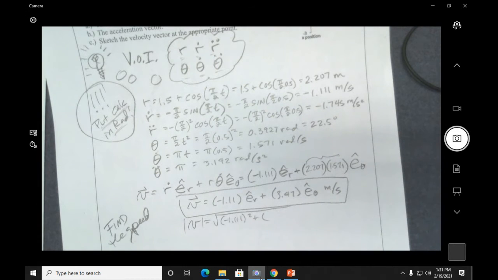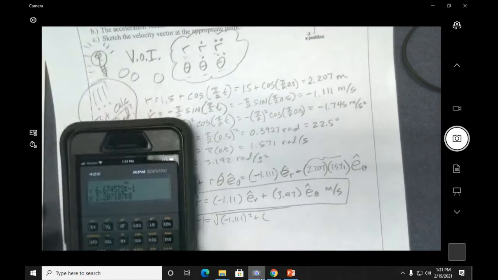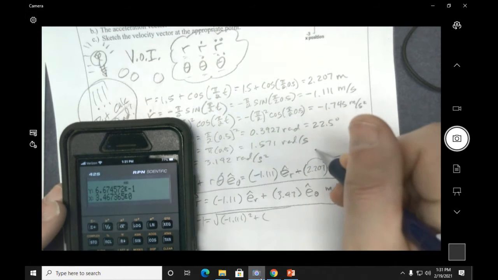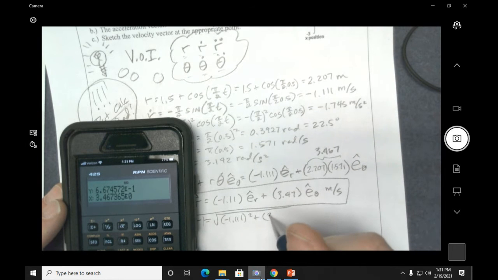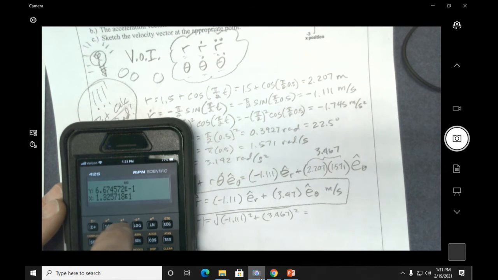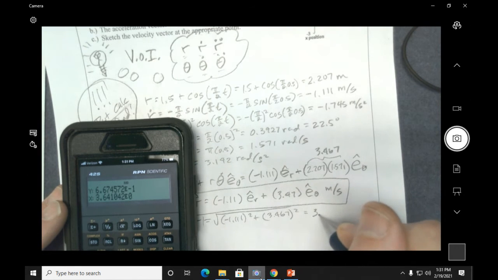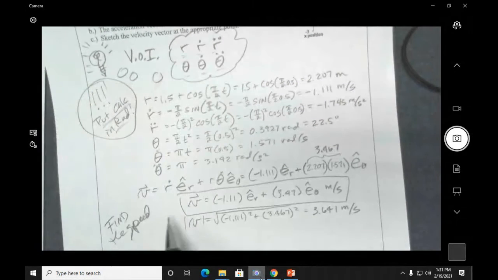Should have solved it for 4 sig figs. 1.571 times, so this is the 3.467 squared. So we can square those. Take the 1.11111, probably lots of ones, plus, square root, 3.641 meters per second would be the speed.